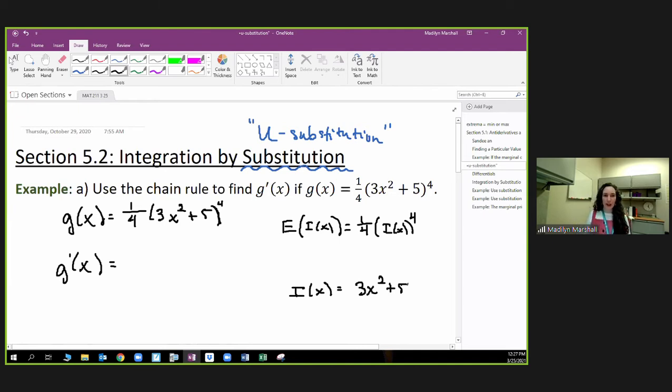So for a chain rule, we're identifying the exterior and interior. E prime of i of x: that 4 is going to come down and multiply with the 1/4, so those will cancel and we'll be left with i of x to the third.